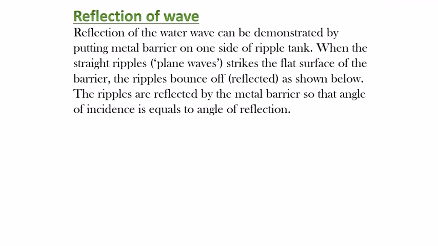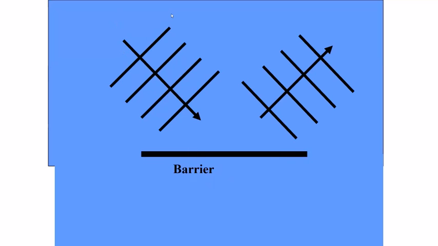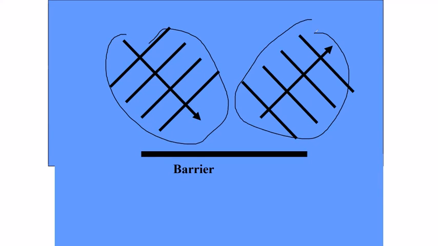And how do we study this reflection? We use a ripple tank. We can put a barrier in front of the wave. Here we put a barrier in front of the wave. The wave moving towards the barrier is called incident. The waves going out after striking the surface and changing direction are called the reflected wave.